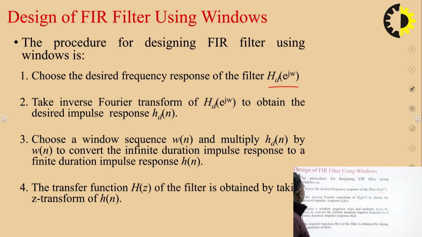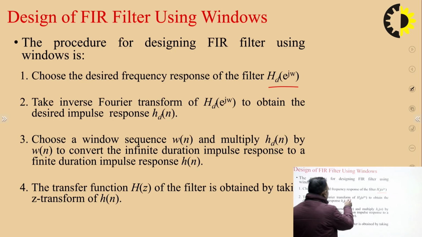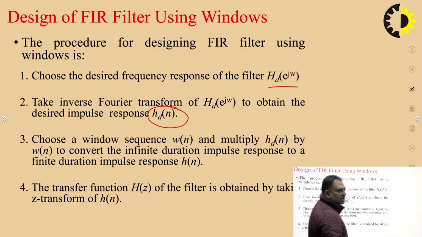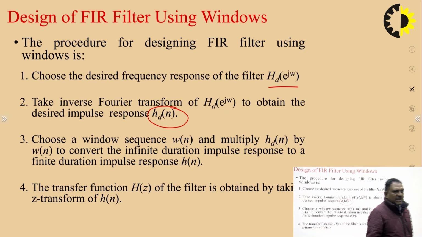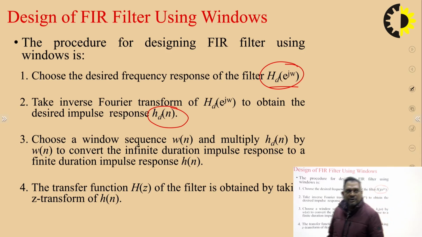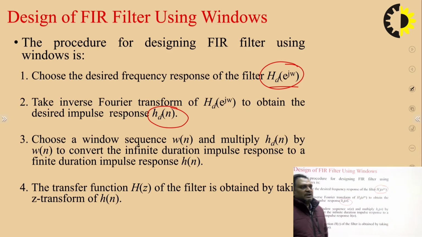Then we will take the inverse Fourier transform to get the desired impulse response hd(n). Then, given a window function, we design an FIR filter using that window function. So we will choose that window function, and depending upon this frequency response, we will choose our window type, whether we have to choose a symmetric window or a causal window.